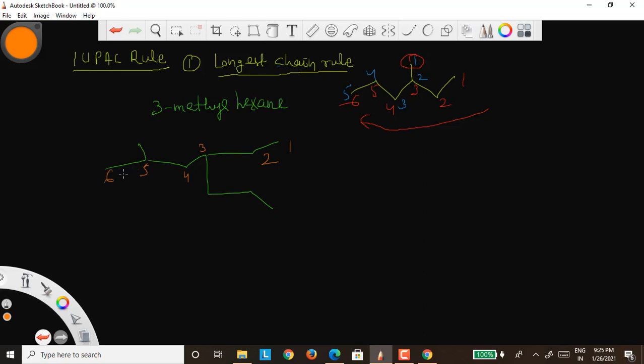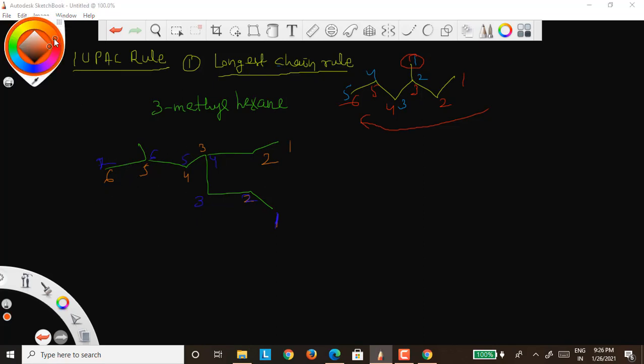This way you can number, or you can number with another color: 1, 2, 3, 4, 5, 6, 7. So it should be the longest chain. So this is the longest chain, 7. So if 7 is the longest chain, you can number 7 like this, or you can number 7 like this.